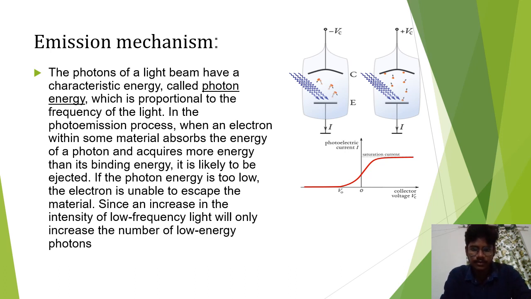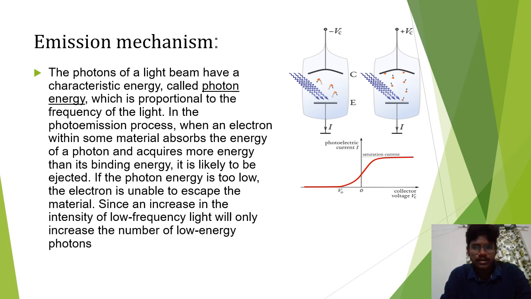Here in this picture we can see we have a cathode and an emitter, and photons are falling on the emitter. Then the emitter emits free electrons to the cathode. And here is a graph of saturation current, which is photoelectric current versus collector voltage.